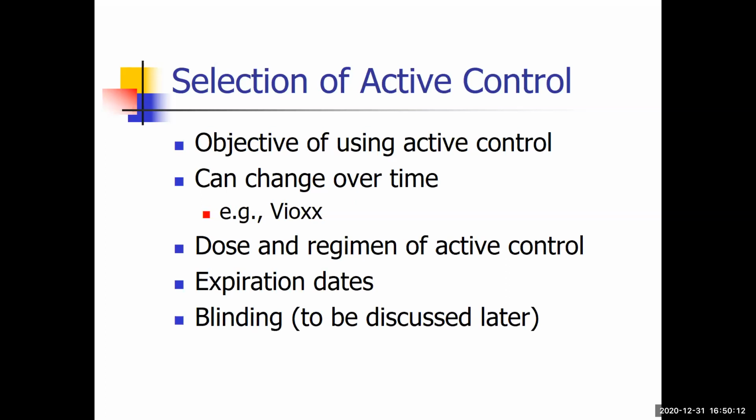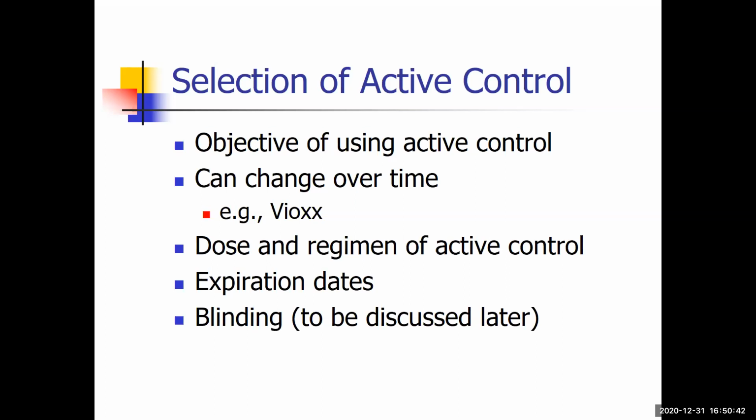Each patient takes one tablet and one capsule. For patients randomized to our test drug, they take the 2 test drug tablets and a placebo capsule. For patients randomized to the active comparator, they take 2 capsules of the active control and a placebo tablet of our test drug. So that's what we call double dummy, double blind.